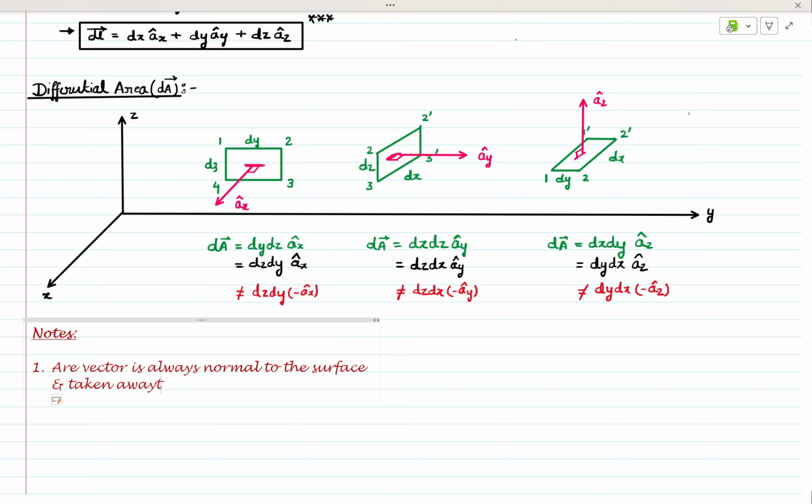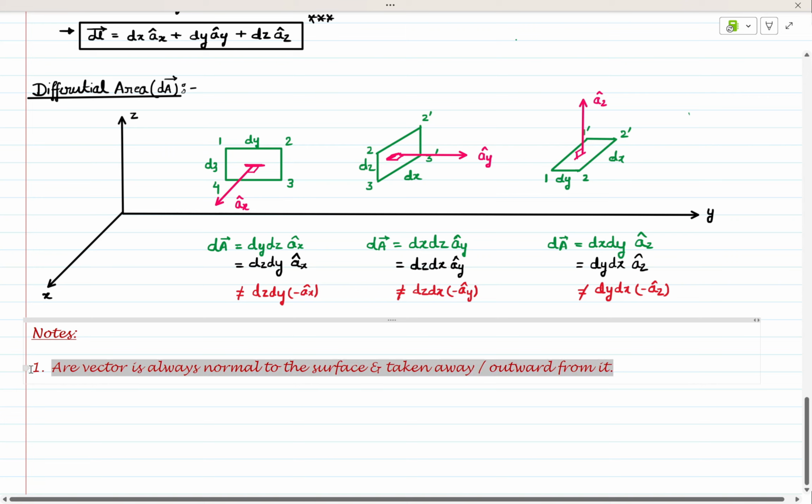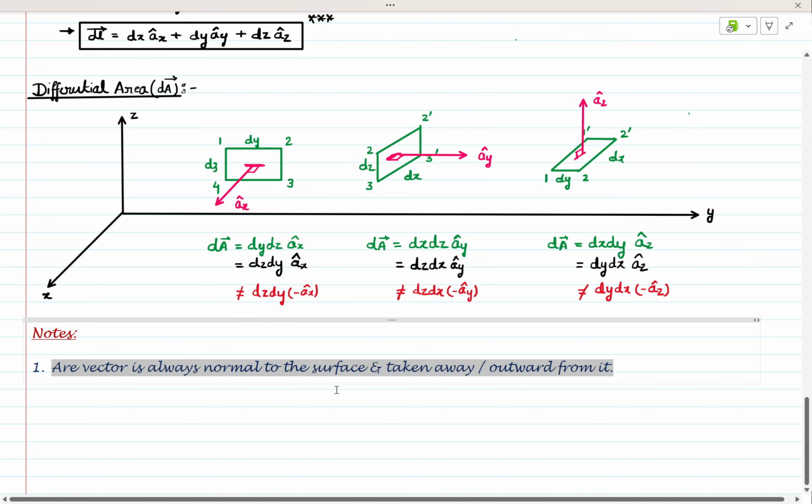Taken away means you can also write it as outward from it.